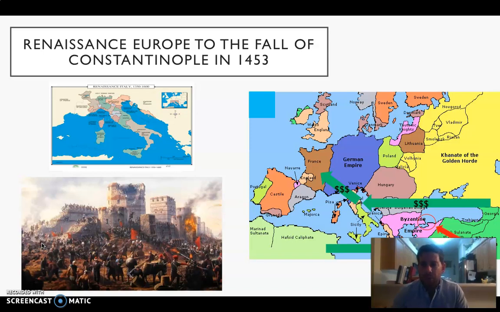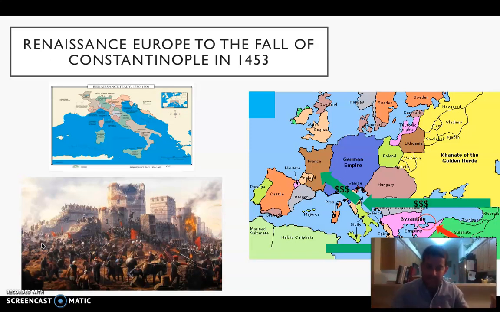But they were able to accumulate so much wealth through banks and through traders because they were taking products like spices, silks, gold, and all sorts of other jewels that were coming in from the Middle East, right? From the Far East through the Middle East into Europe. And then they were able to also sell back manufactured products from Western Europe to the Middle East and to the Far East. So there's really a linchpin of this economic system existed in the city of Constantinople because it connected West and East.